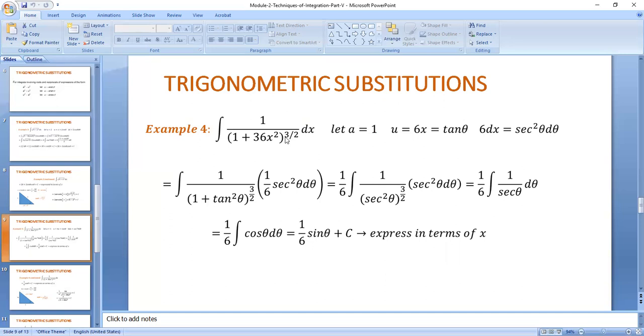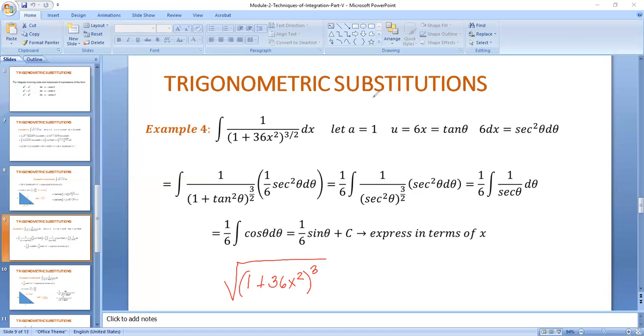So your expression here, 1 plus 36x squared, if written under the radical sign, would be raised to 3 and then under the square root sign. So it's still representing the nth root of an expression.